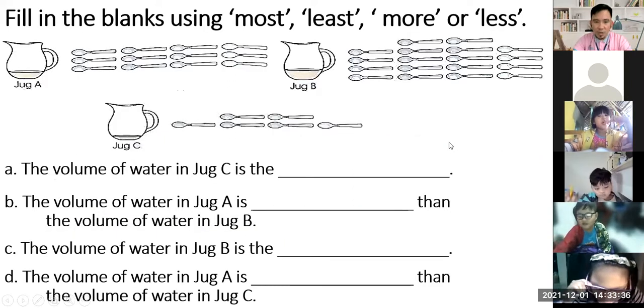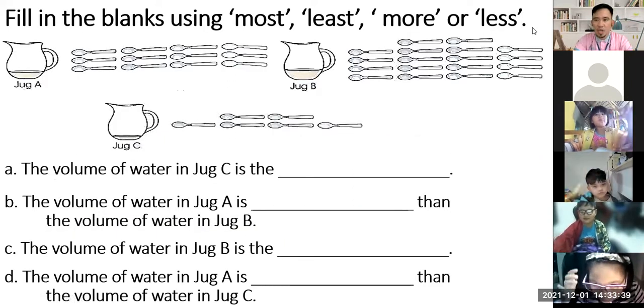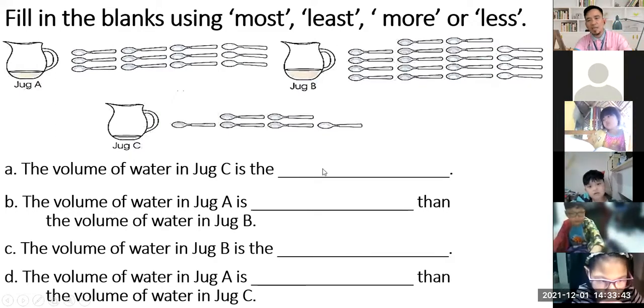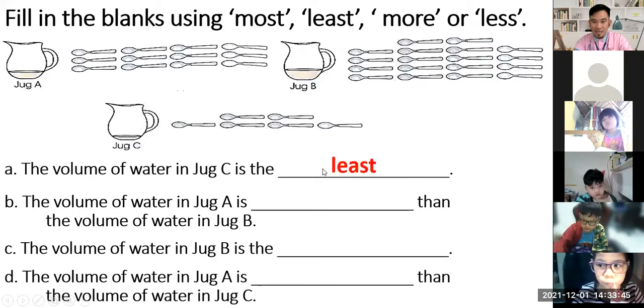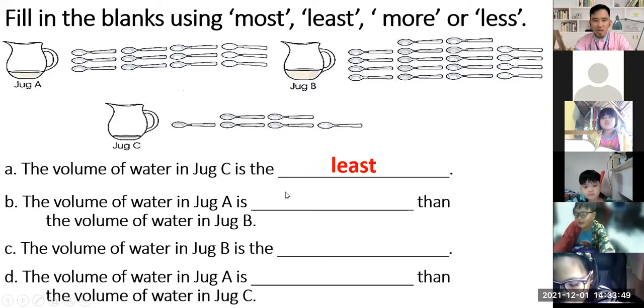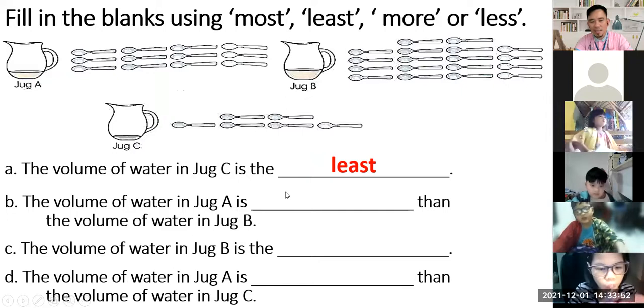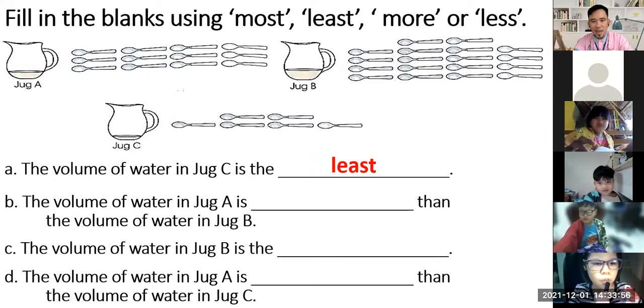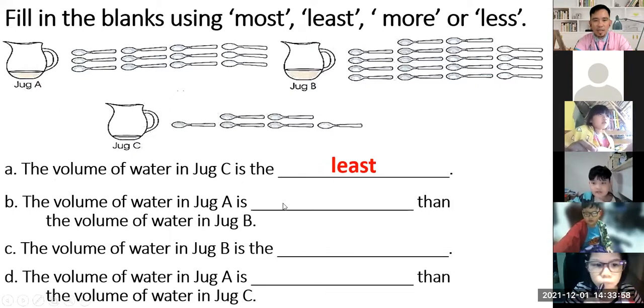So if we compare these 3 jugs, A, B, and C, the volume of water in jug C is the least because only 6. And the volume of water in jug A and B: A is more than or less than? Less than, because only 12.